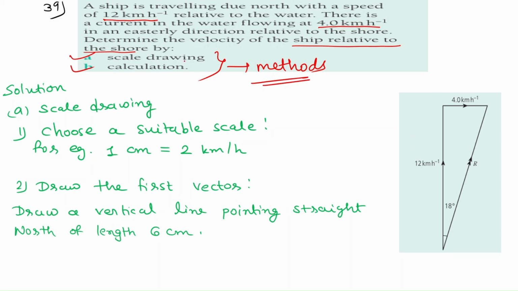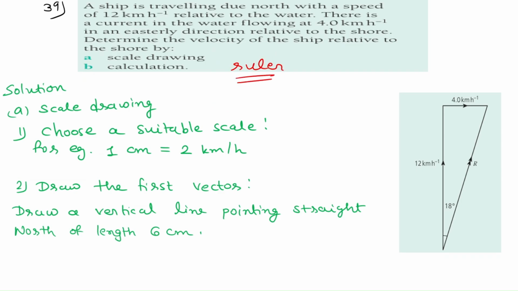So the first method is scale drawing. I hope you have a scale or ruler. I mentioned here a diagram of this: this is the boat speed, or you can say ship speed, and this is the current of water speed.